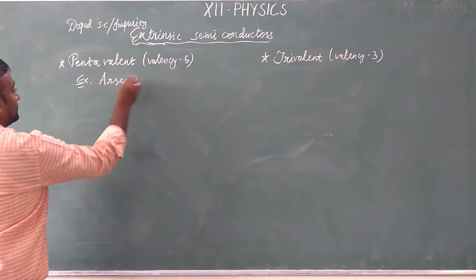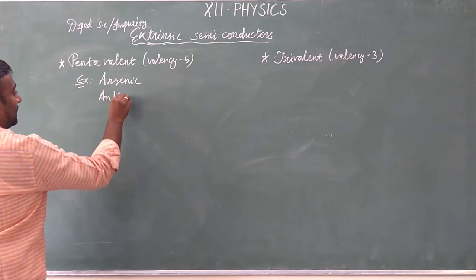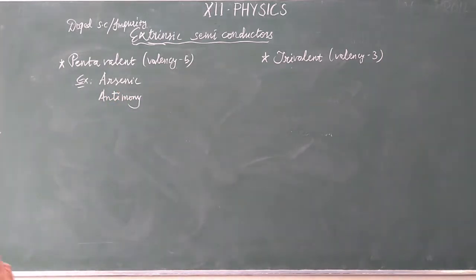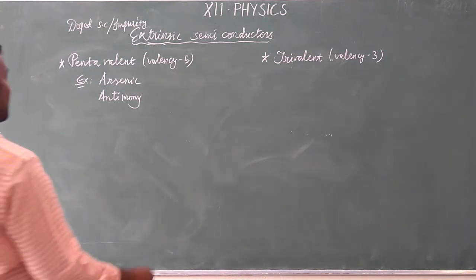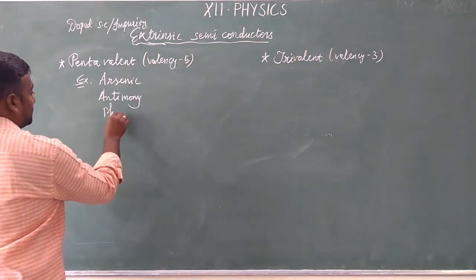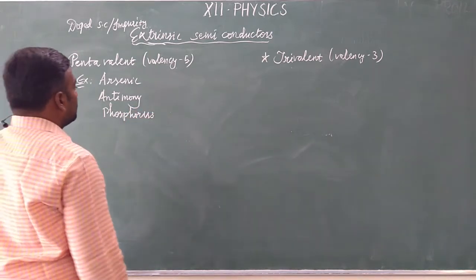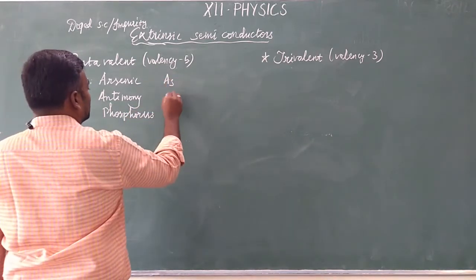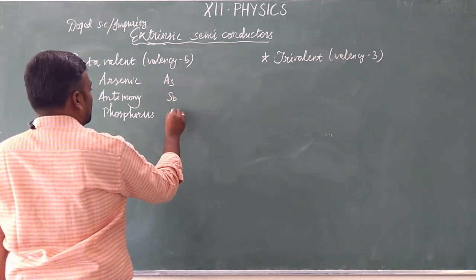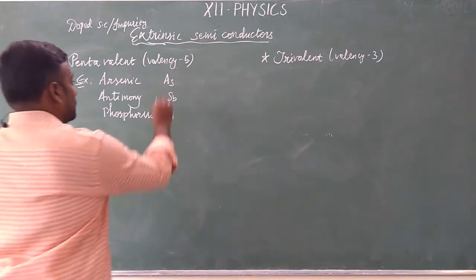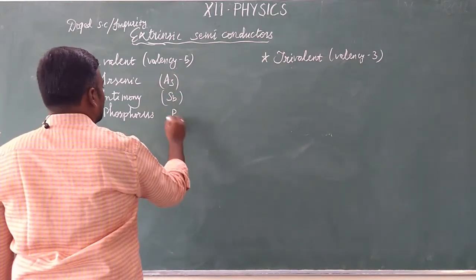So the examples for the pentavalent are arsenic, antimony and phosphorus.